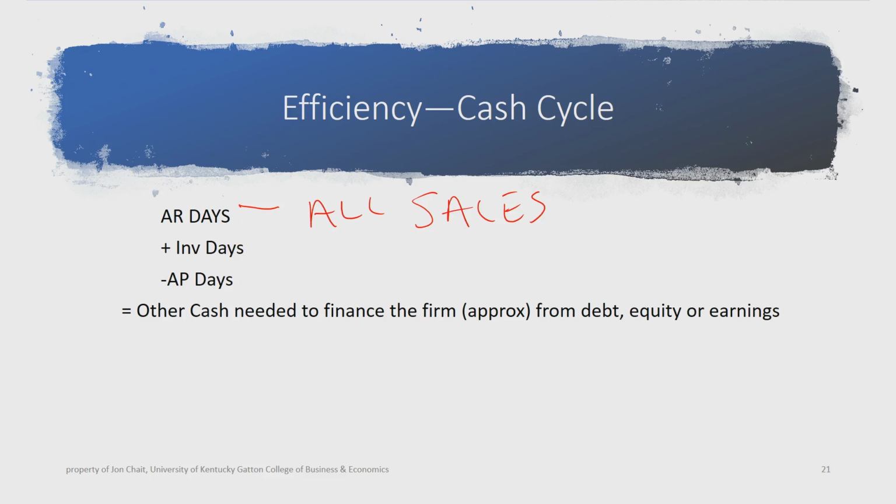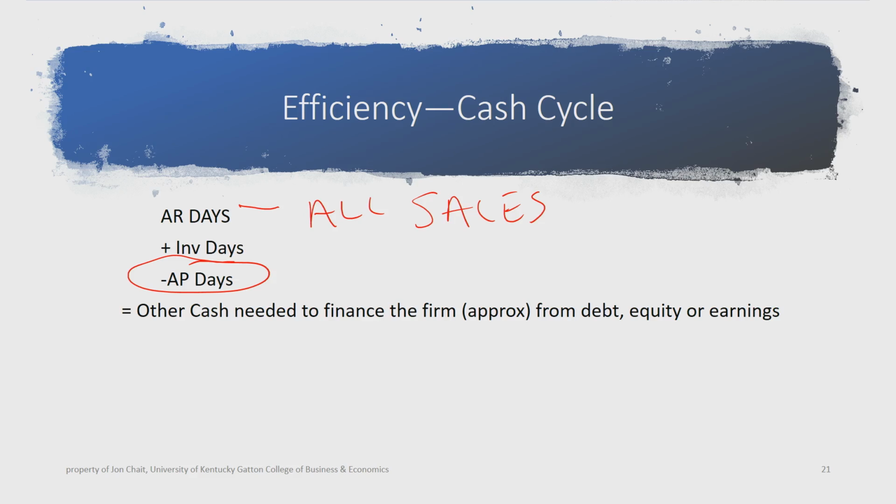So it's going to be a big number, plus the inventory days, and then minus the AP days. AP days are a minus because AP is a form of borrowing, where we borrow from our suppliers. And by the way, we don't have to pay interest on it.